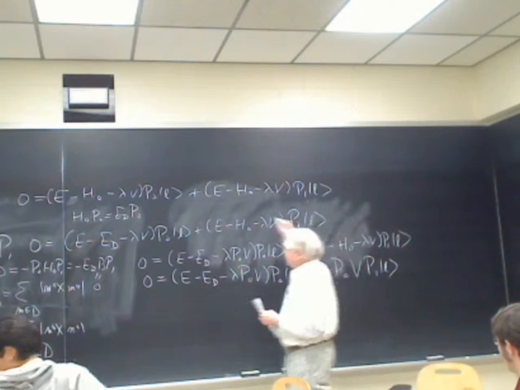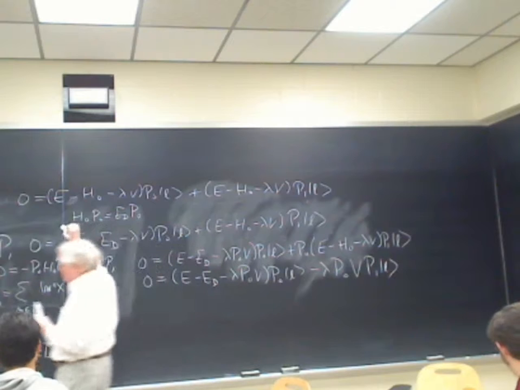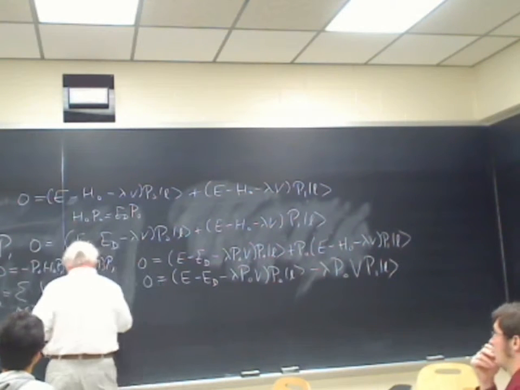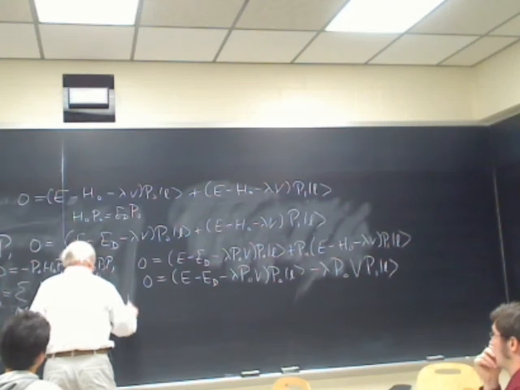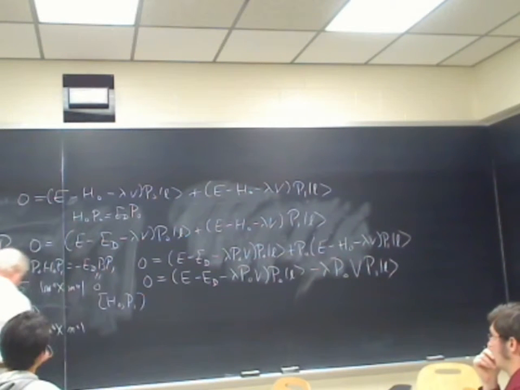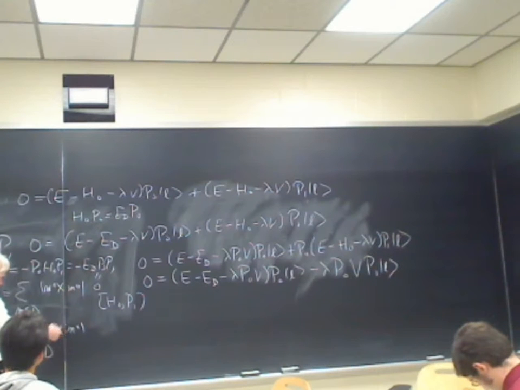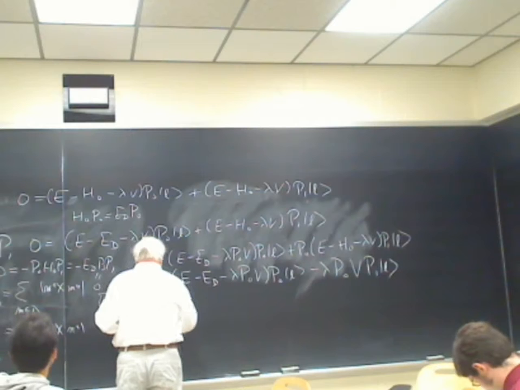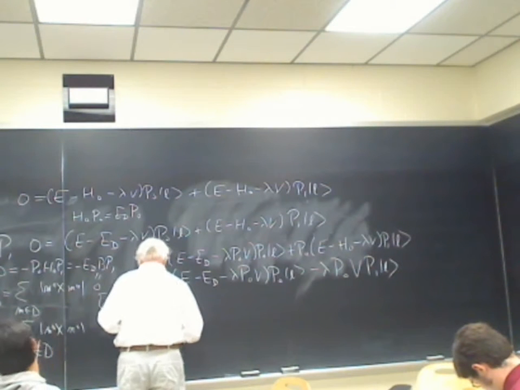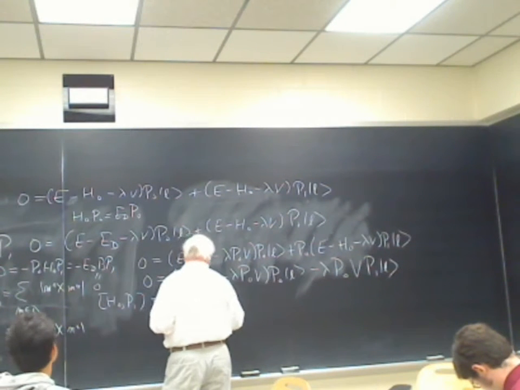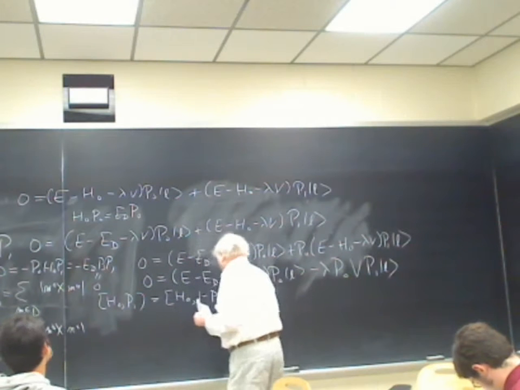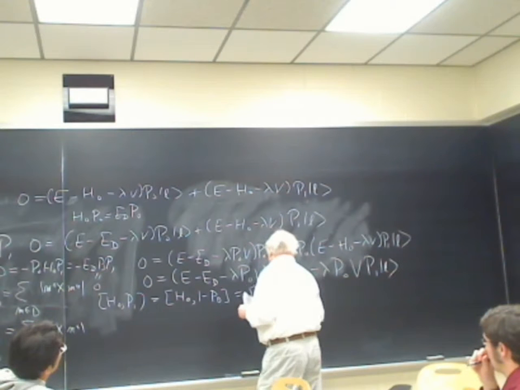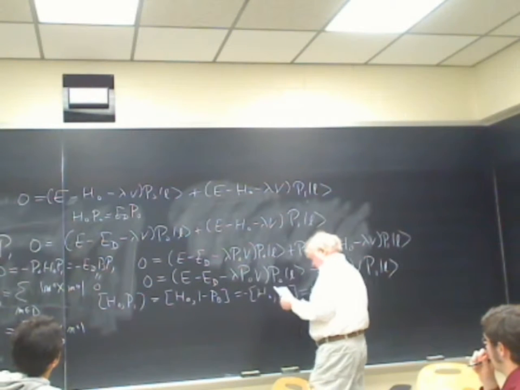Now, we're going to multiply this equation from the left by P1. And first, we're going to notice something. Namely, H0 used with P1, because P1 is just a sum over dyadics of eigenstates of H0, is 1 minus P0, so this is minus H0 P0, and we know that's 0.